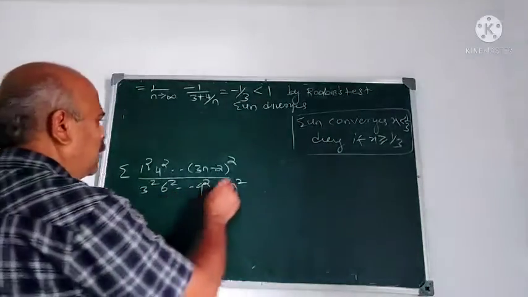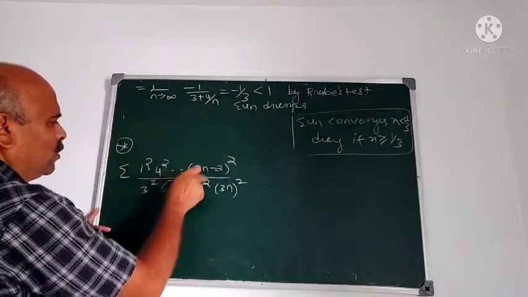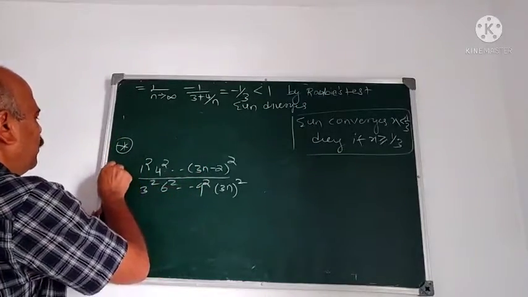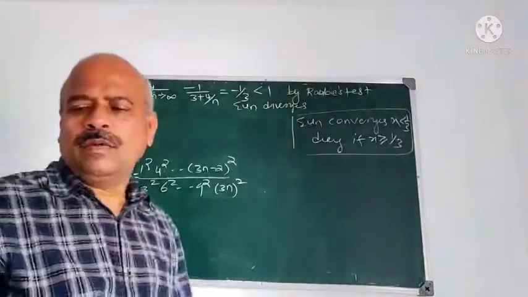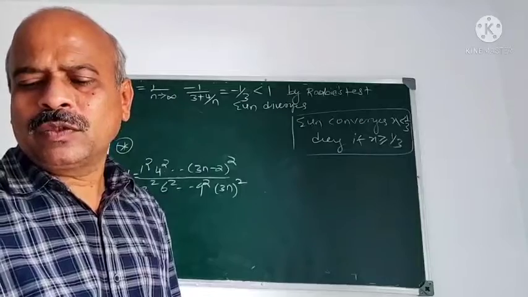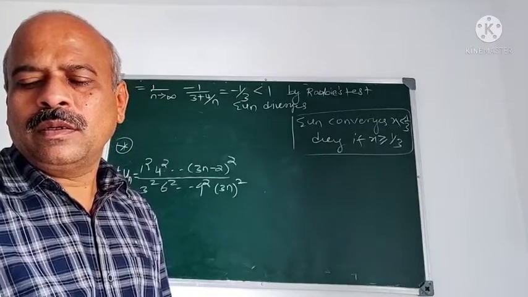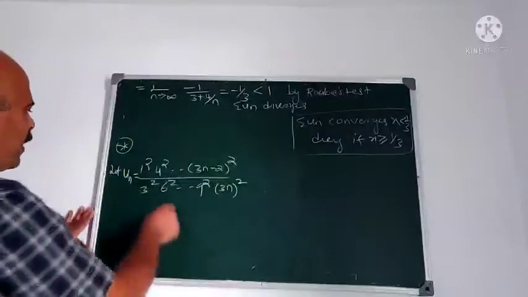D'Alembert's ratio test. What is the problem? Discuss the convergence of the series where the series is this. Therefore, we take un as this: un is 1 square into 4 square etc. 3n minus 2 square, and the denominator's last term is 3n square.